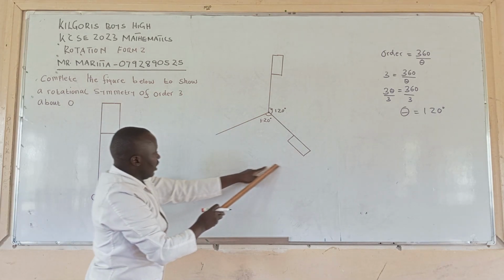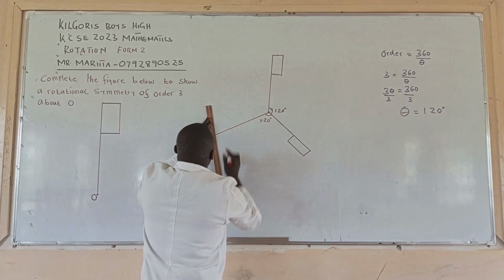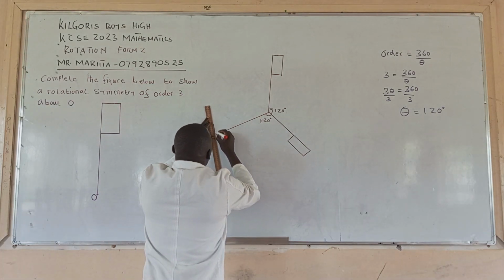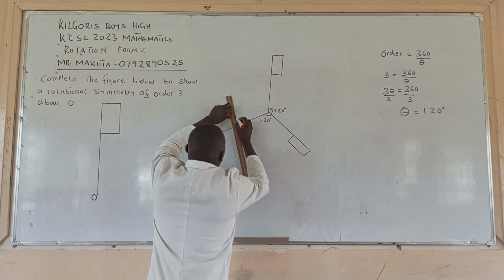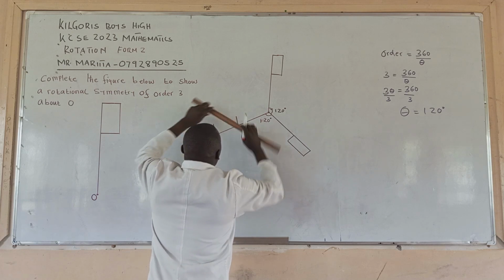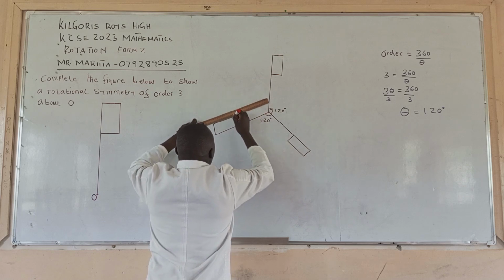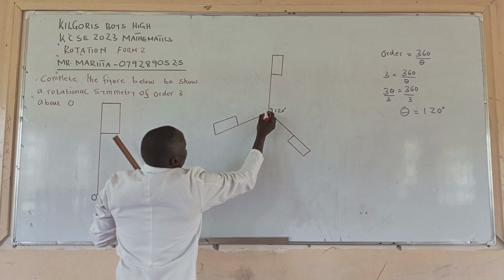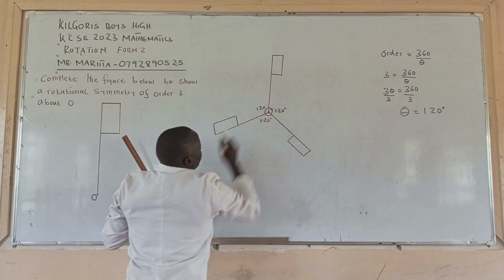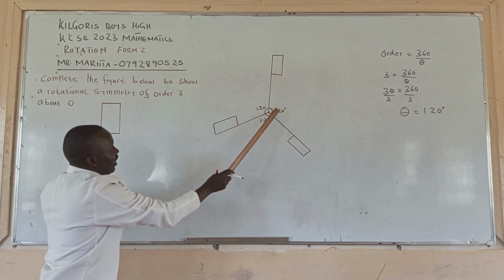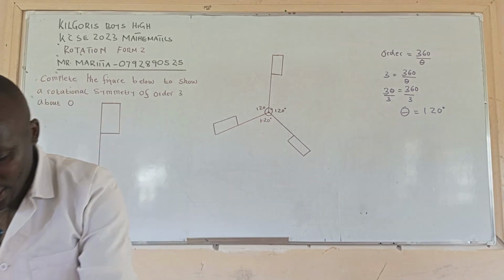You keep on rotating like this. So now we have 120, 120, 120. That is how you are supposed to complete the figure.